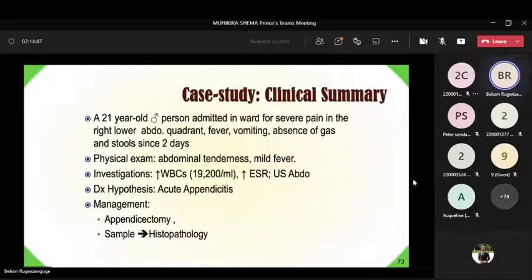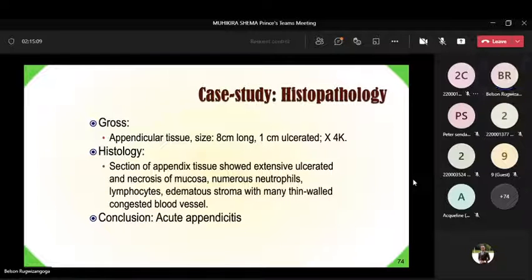So when you suspect this, because it is an acute abdomen, it is an emergency. You cannot say, so I will schedule surgery for tomorrow or after tomorrow. No. Whenever you say acute appendicitis, you must act directly. So they did surgery, then they did appendicectomy, and the sample was taken to histology.